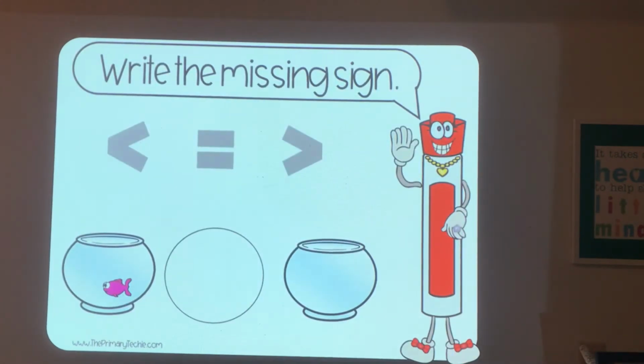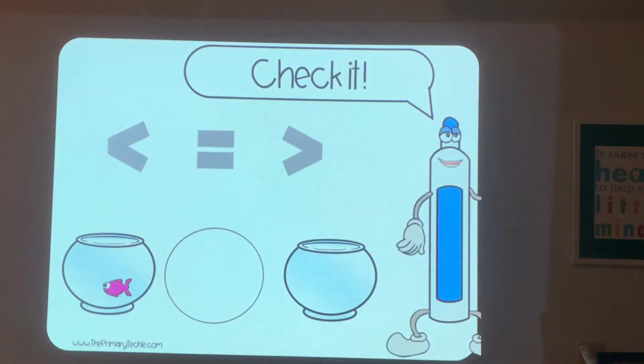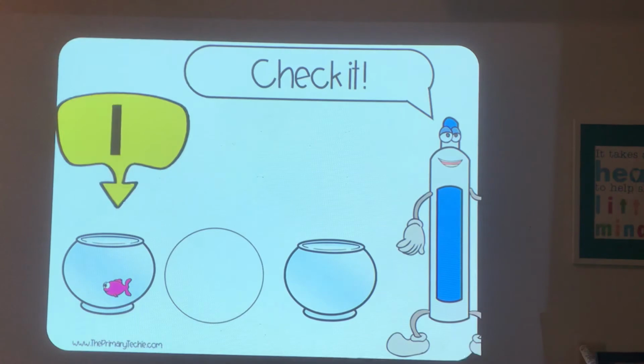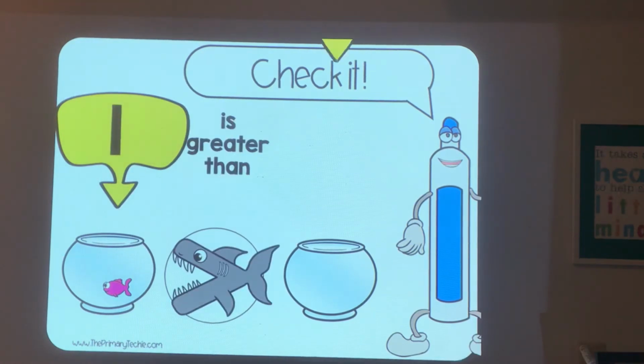Uh-oh. How many in the first fish bowl? I think the shark ate all of them out of the second fish bowl. They're all gone. That poor little fish better watch out. Put the sign in. 1 is greater than 0.